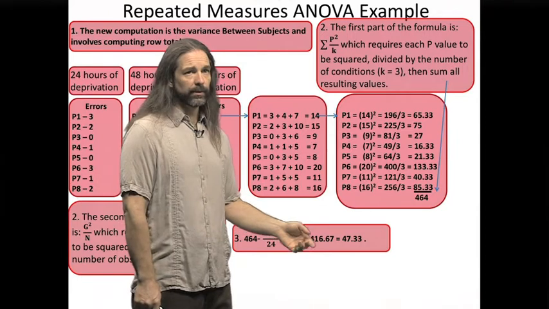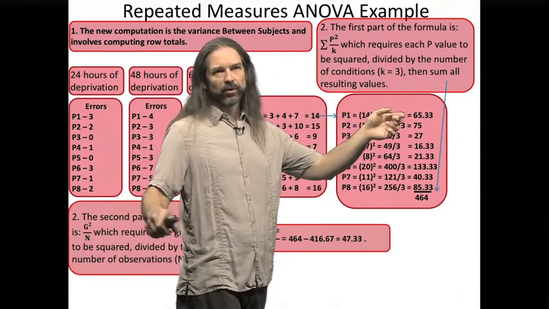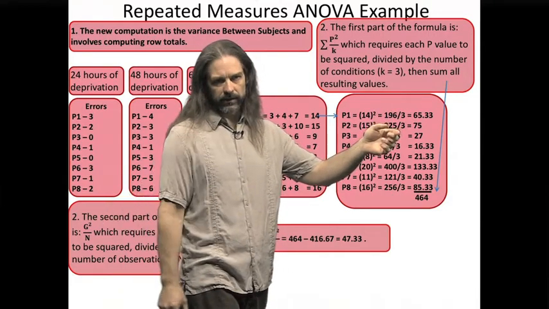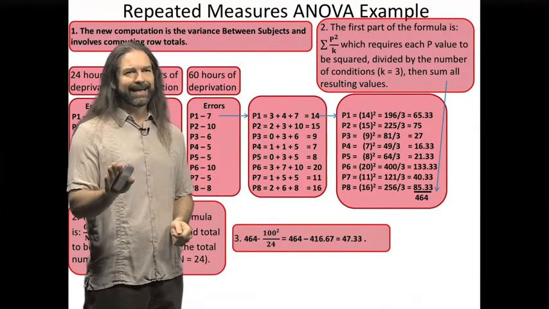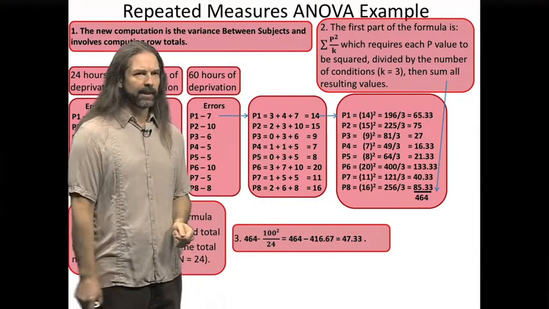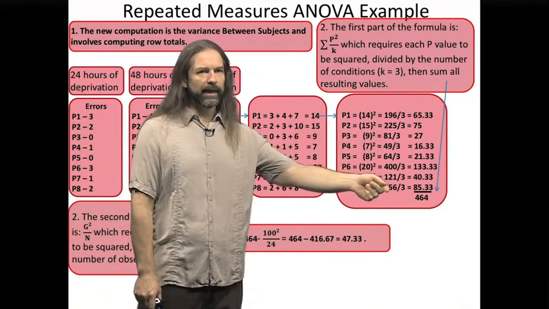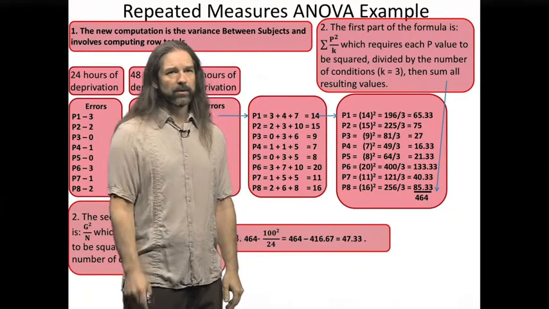What my students will do is take 65.33 minus 416.67. 75 minus 416.67. Remember, you should never get a negative on your ANOVA table. So if you do those subtractions on a row-by-row basis, you're going to be getting a bunch of negatives that you're going to add up. That's not going to work.